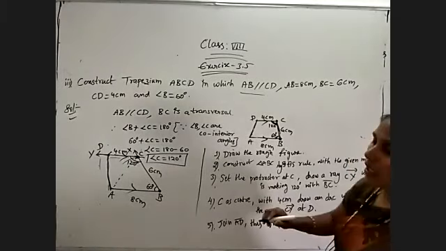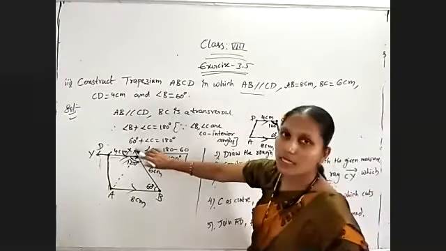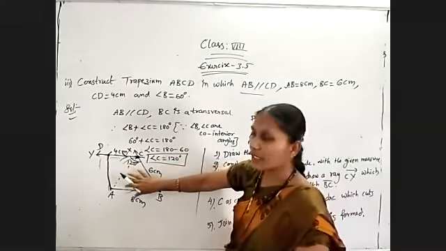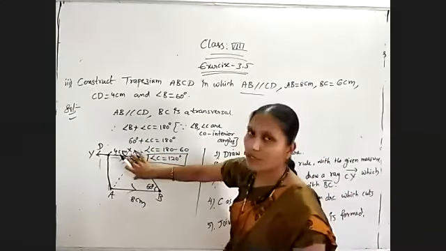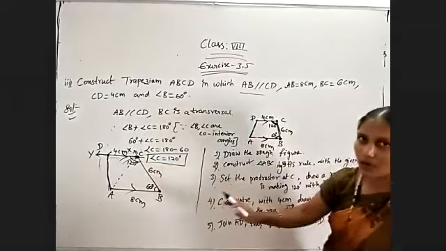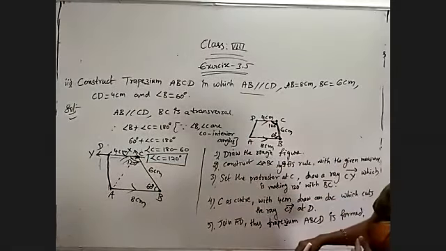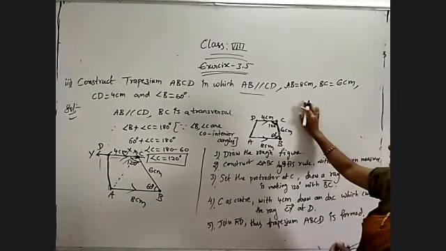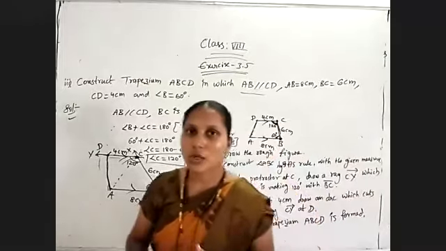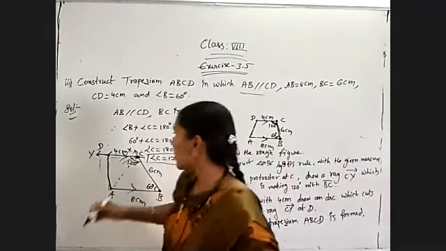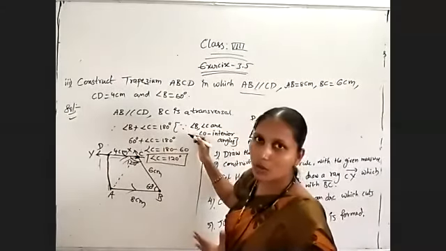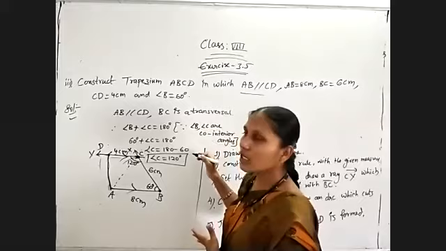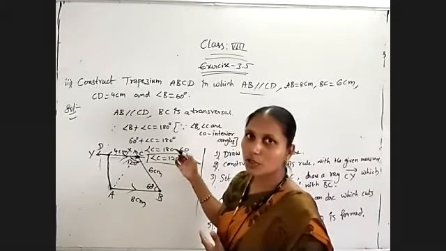So the only difficulty is when you are constructing C, place the protractor in the correct way. Construct 120 degrees. You will definitely get the correct quadrilateral if you use the instruments. So draw all the example problems and exercise problems with the instruments. Because I am showing it on the board, I am unable to use the instruments.